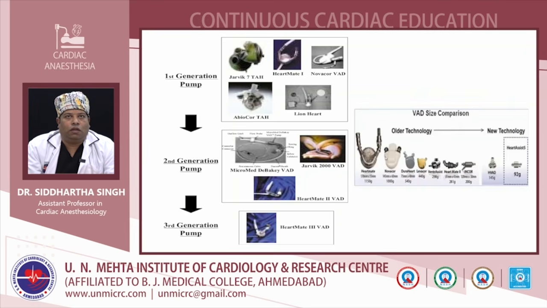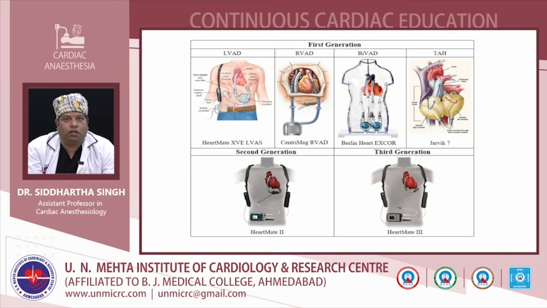These are the pictures of the first generation, second generation and third generation pumps. In the first generation we have the Jarvik 7, AbioCor total artificial heart, then HeartMate 1. In the second generation we have Jarvik 2000 and HeartMate 2, and the third generation is HeartMate 3.